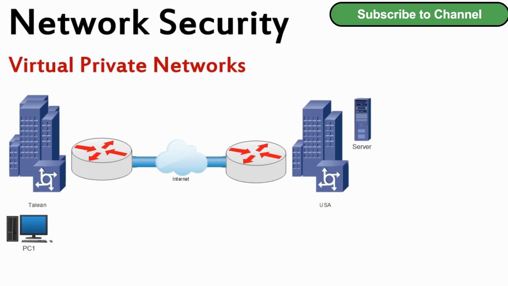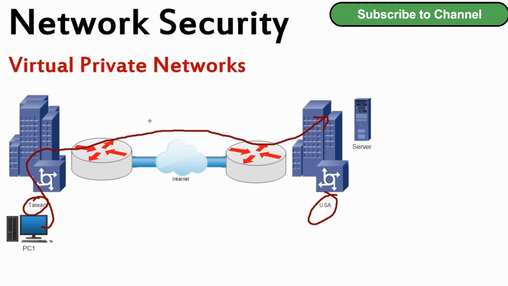As you can see on the screen, we have 2 sides, one in United States, one in Taiwan. What we want to do, we want to send a message from PC1 to a server that is in the USA. The problem is that this is the internet. We know the internet is not secure. What do we mean by that?